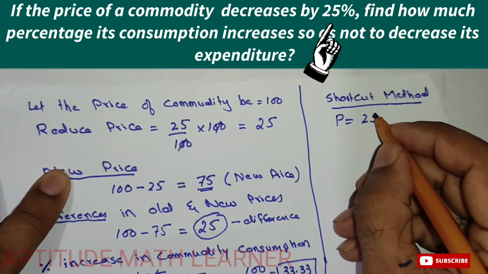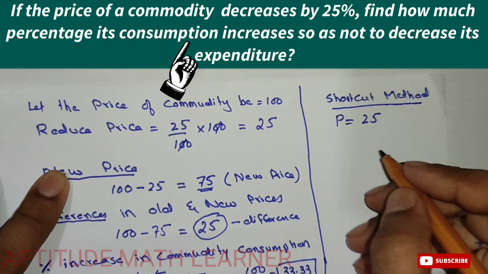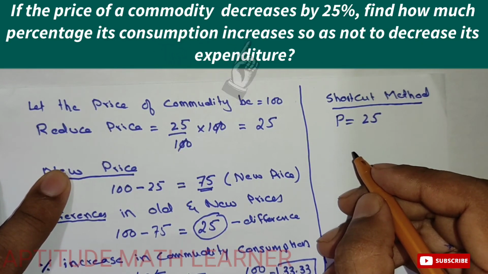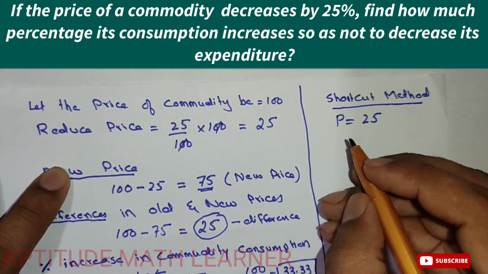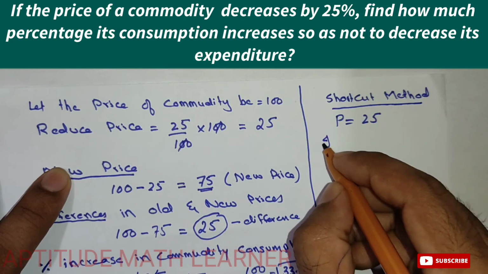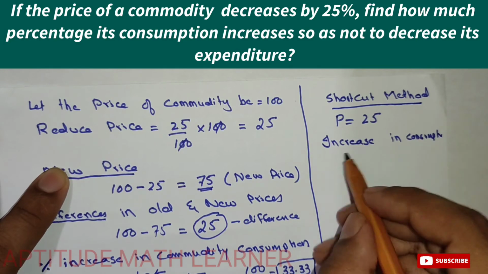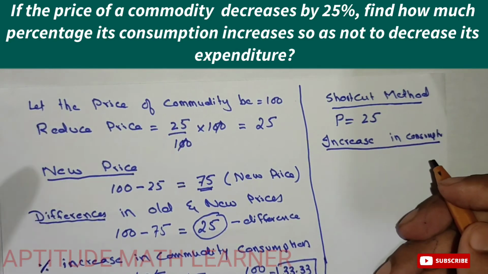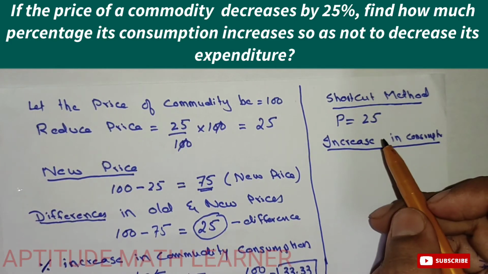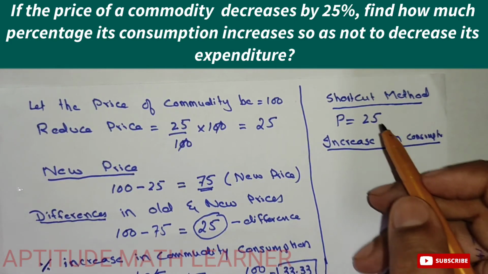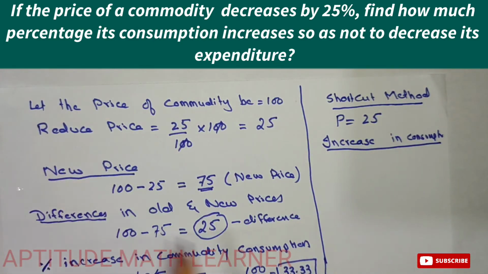So we take P as 25, and for the increase in consumption, how much will be the increase? We take the 25% that is reduced in the old price, just the same as we have taken here.